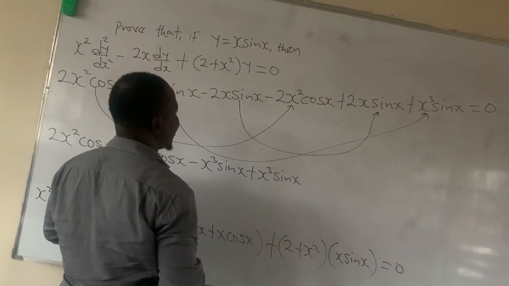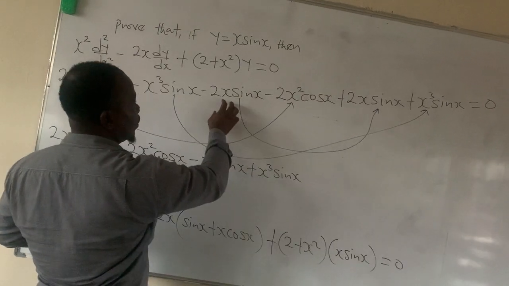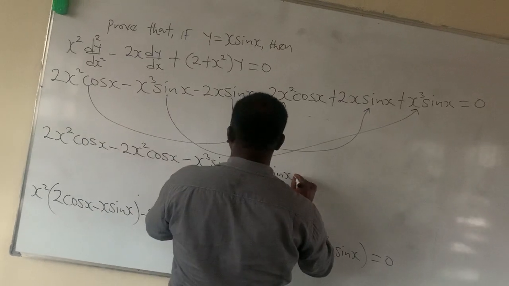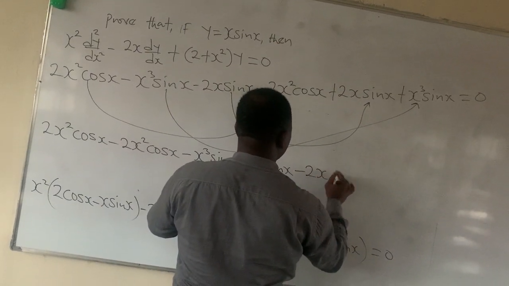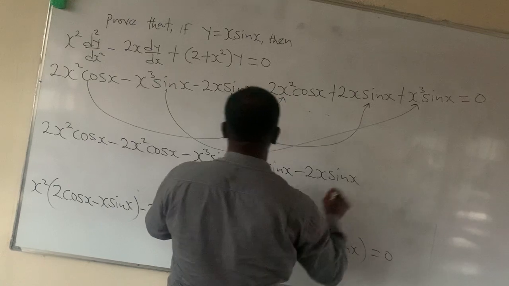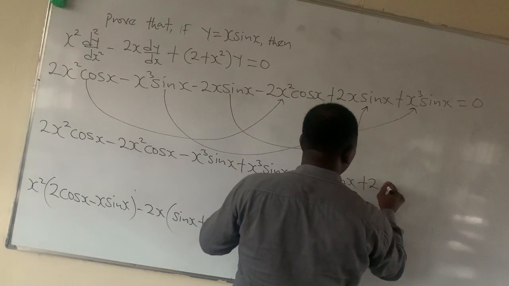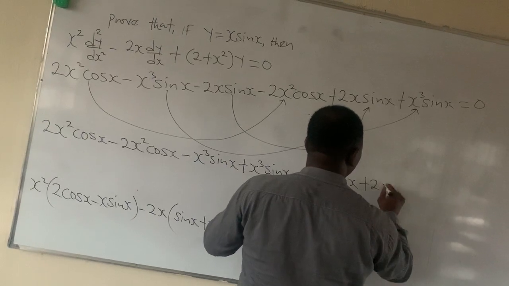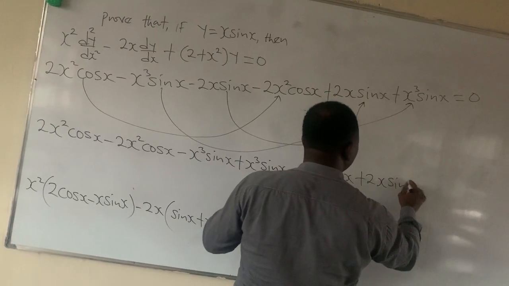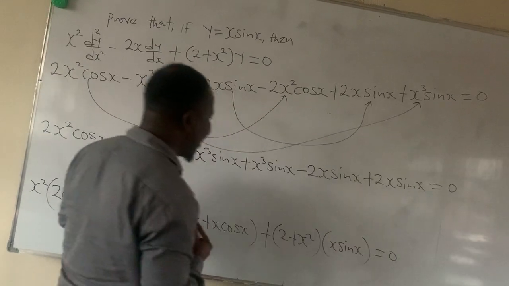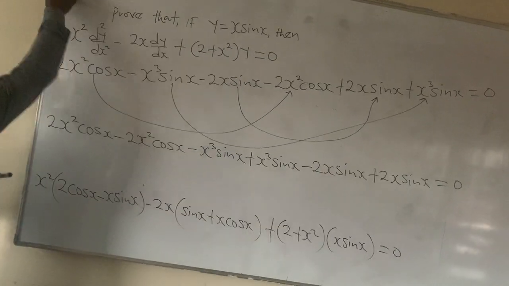Then we consider this guy and this guy: minus 2x sine x plus 2x sine x equals to 0. Do you agree with me?